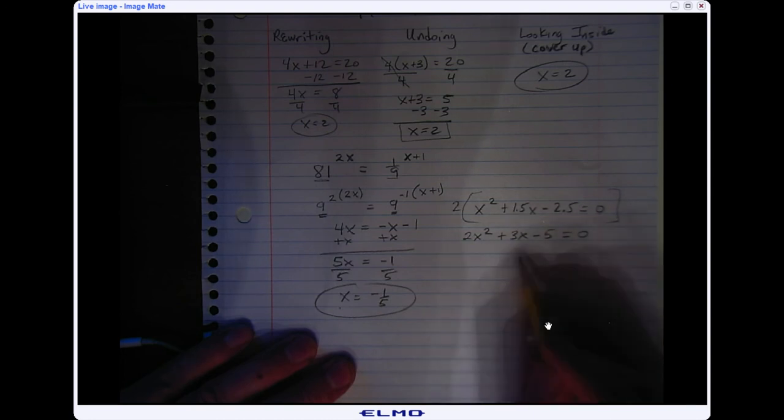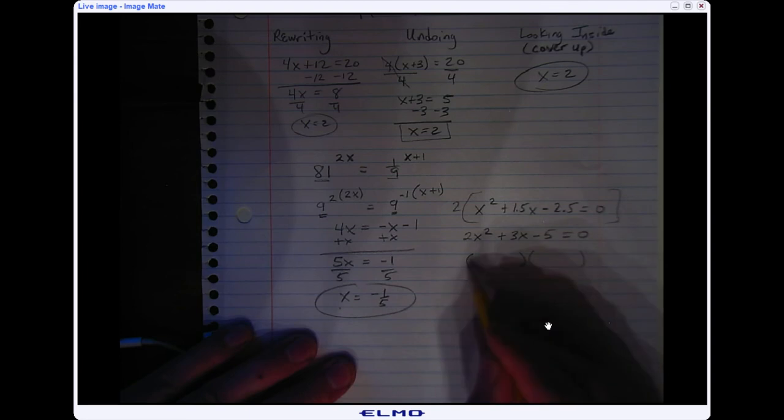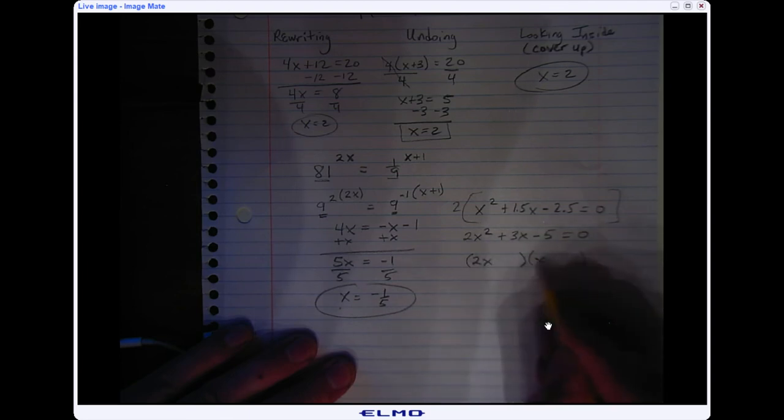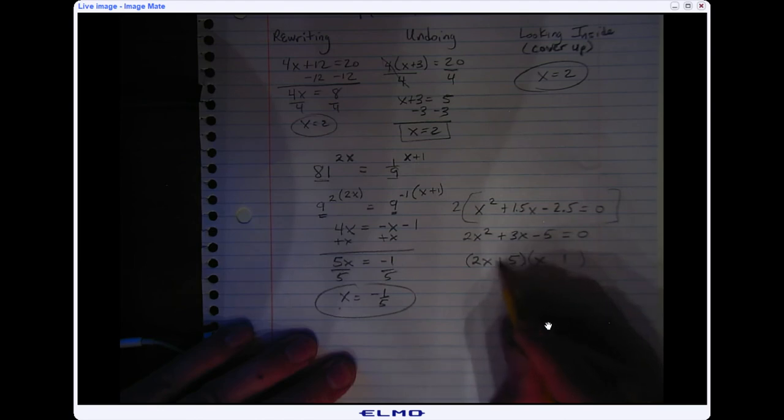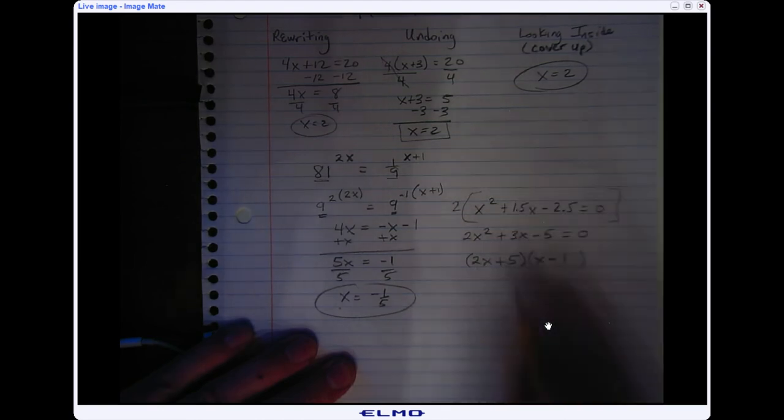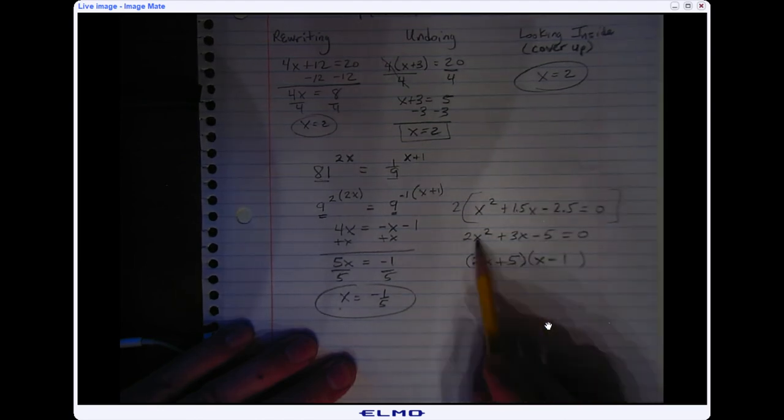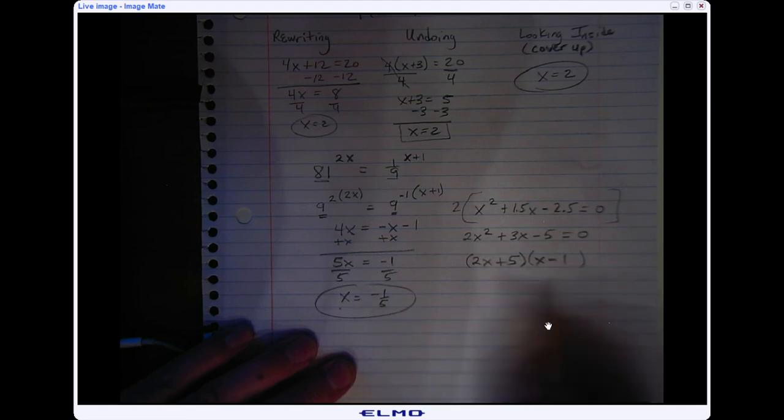And if I look at this carefully enough, it looks like I can go ahead and factor this into two binomials. So if I have 2x and x, and if I put the 1 here and the 5 here, if I do FOIL, 2x times x is 2x squared, 5x minus 2x is 3x, and 5 times negative 1 is negative 5.